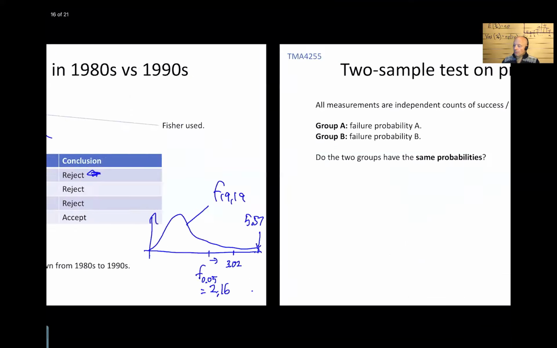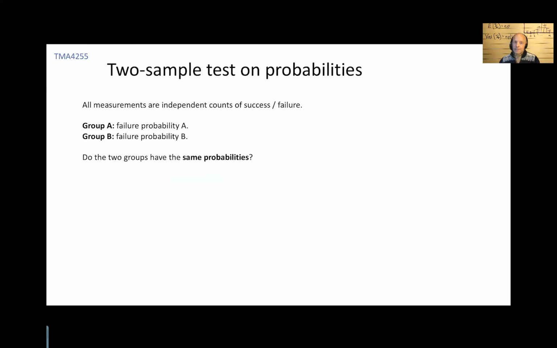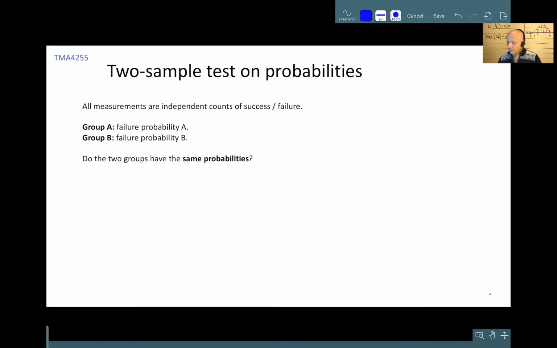To go on, we'll look also a bit on probabilities. So this is the same setting, but now our two samples are not Gaussian distributed. They are success or failure. So this means that in our group A here, we have indicators I, which is 0 or 1, and 0 is then a failure, and 1 is a success.